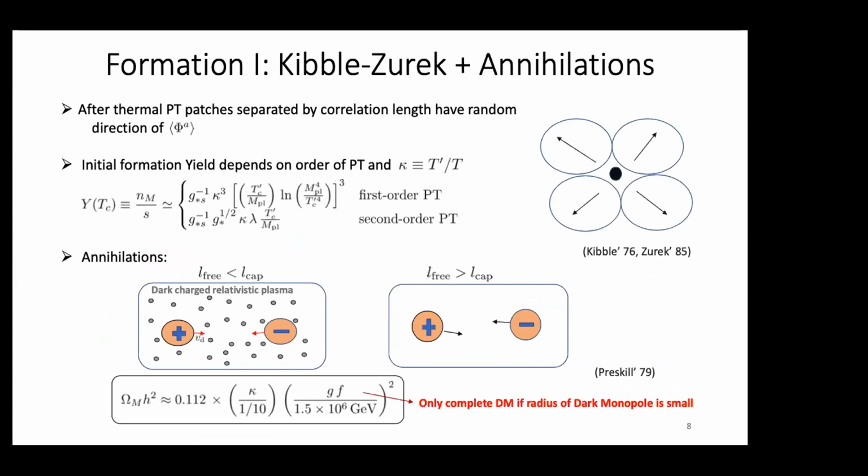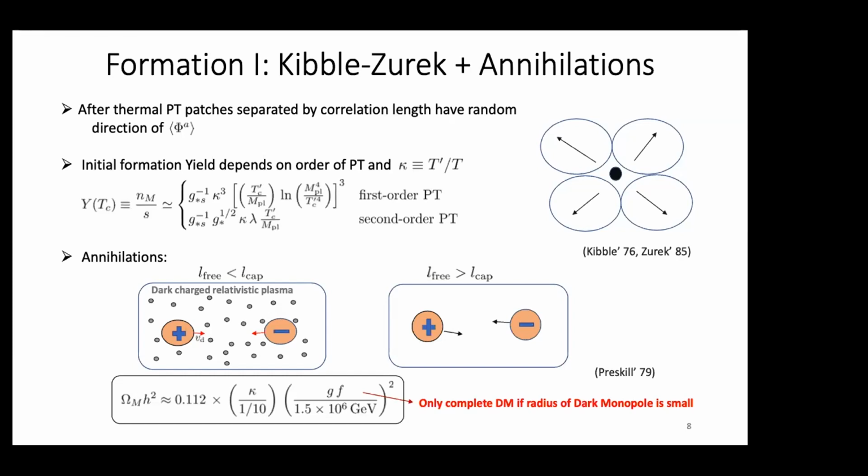At the center, you basically form a monopole-like structure just because the directions are random. The initial yield at formation depends on the order of the phase transition, whether it is first order or second order, which depends on the temperature of the phase transition and everything.